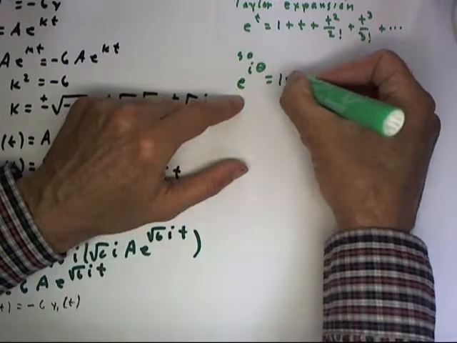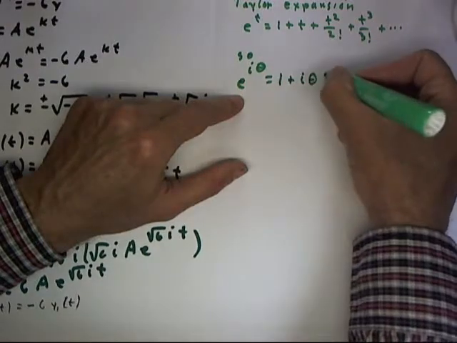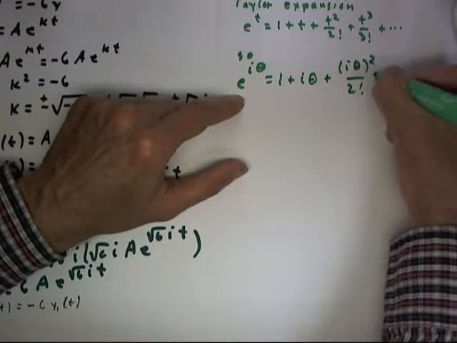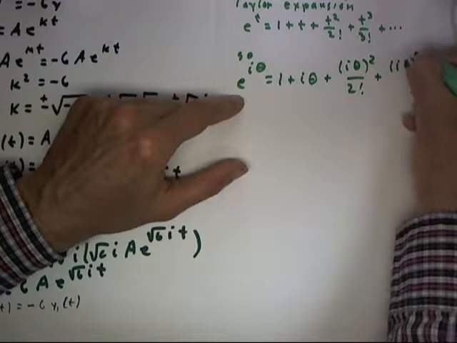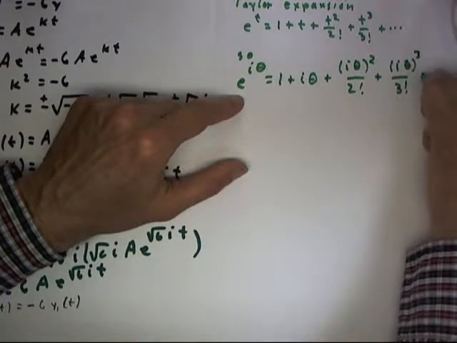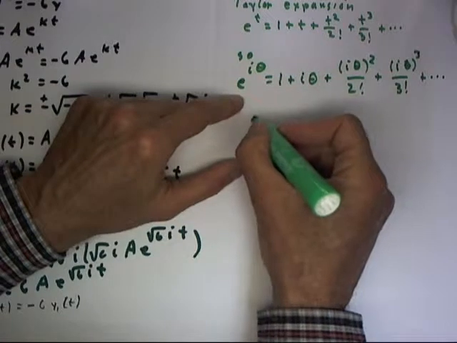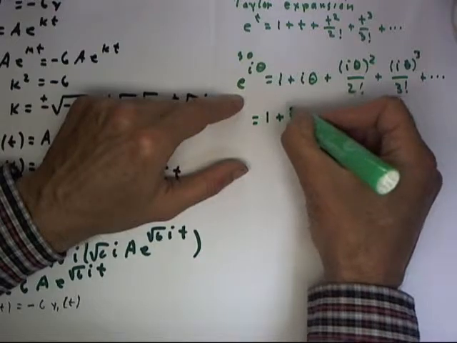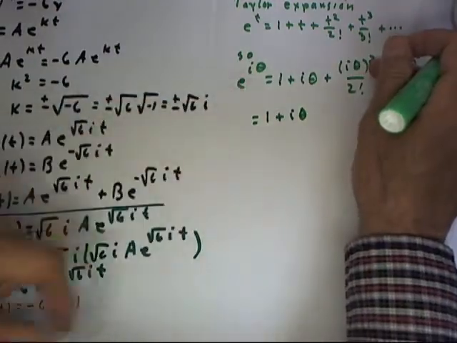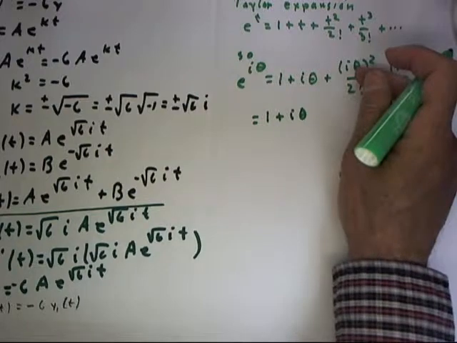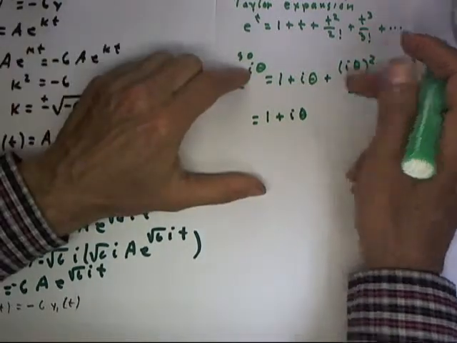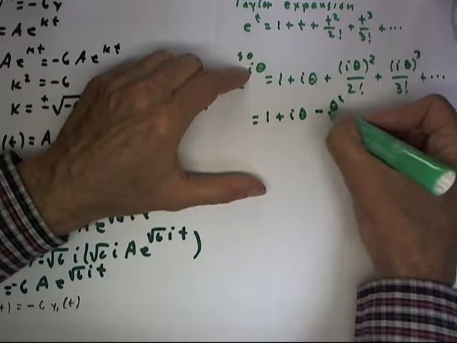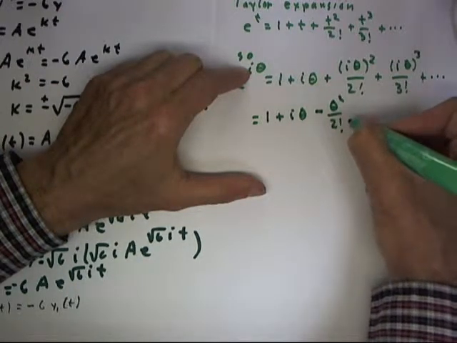So we're going to get 1 plus i theta plus i theta squared over 2 factorial plus i theta cubed over 3 factorial, and so on. Now, that's going to be 1 plus i theta. i theta quantity squared is going to be i squared theta squared. i squared is -1, so this term is going to become negative theta squared over 2 factorial.